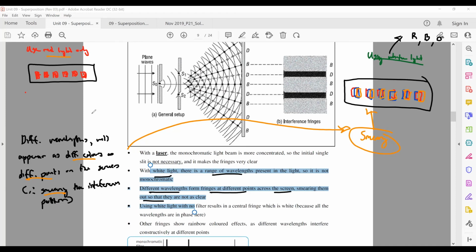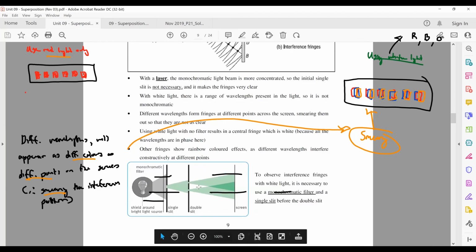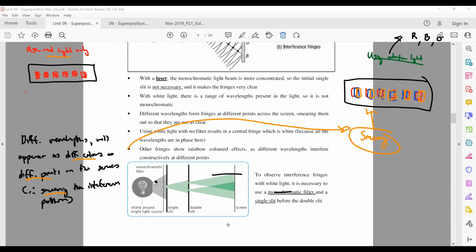So if you have to use a white light, no choice because you don't have, say, a laser, but you want to have monochromatic light, what you can do is use a color filter. Say for example, you have your white light, which is here.